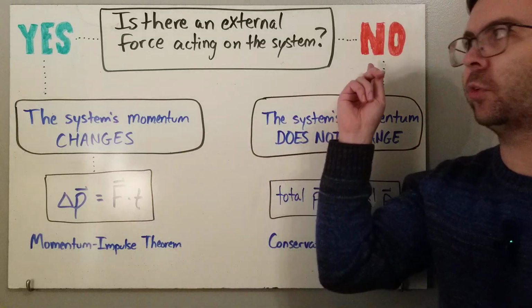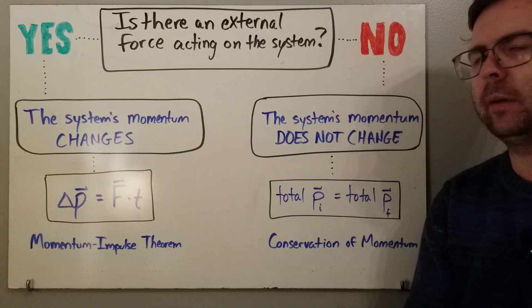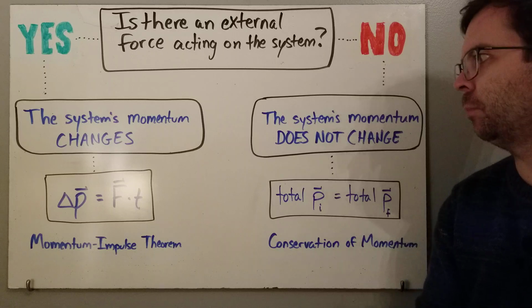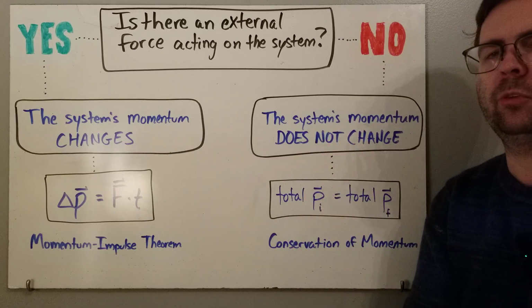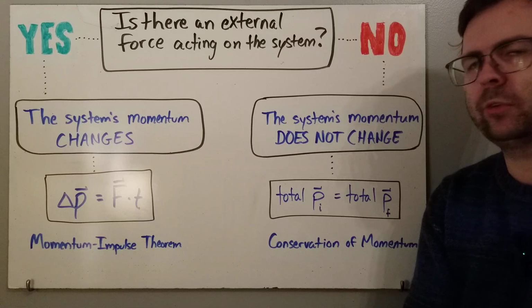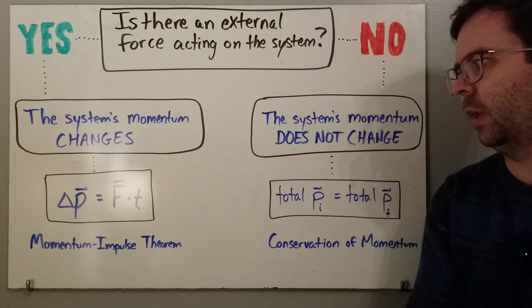However, if there are no forces acting on our system from outside of the system, then that means that momentum can be passed on between the objects within the system, but the overall momentum of the system does not change. In other words, the momentum is conserved, or it's not lost or gained, it stays the same.